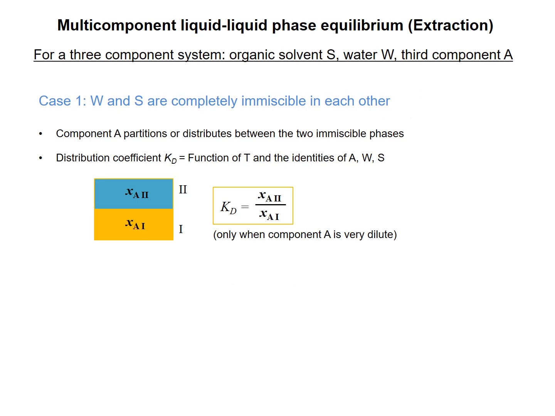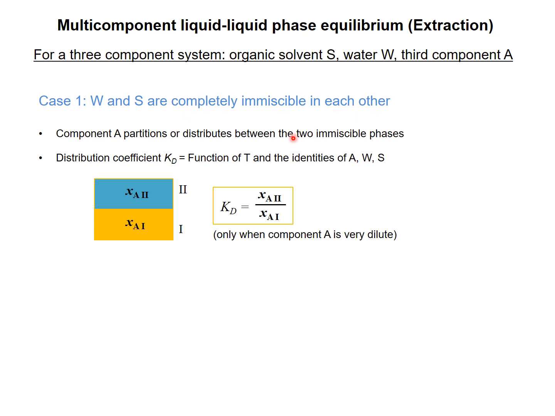Multi-component liquid phase equilibrium for extraction. Here we have a three-component system: organic solvent S, water W, and the third component A. Case 1: water and organic solvent S are completely immiscible in each other.